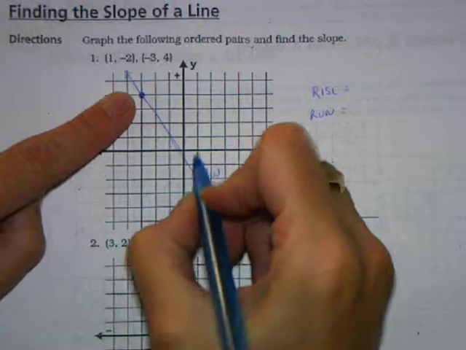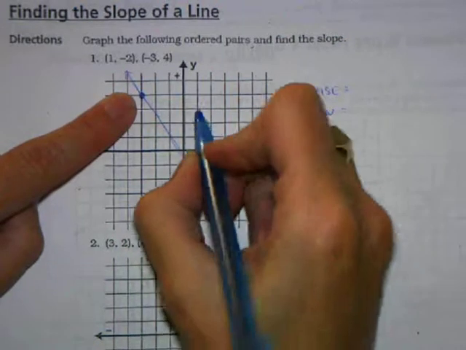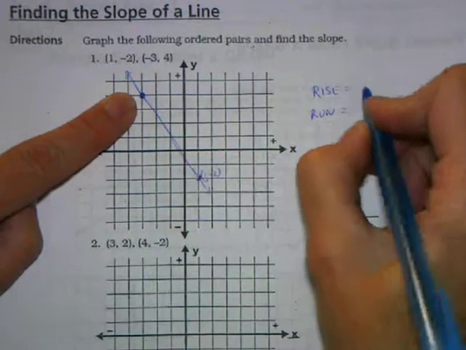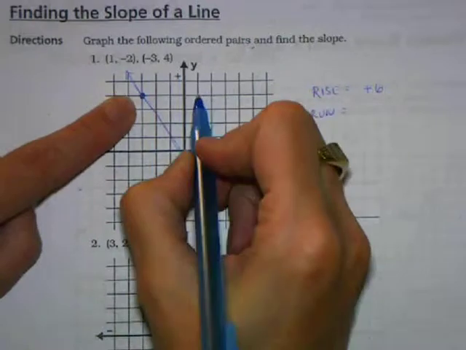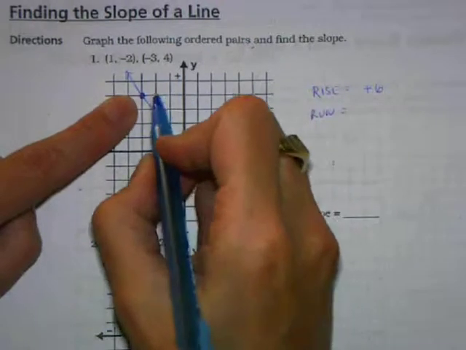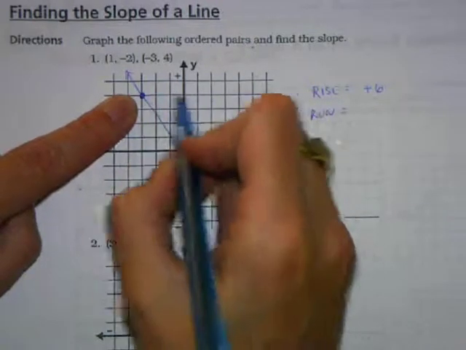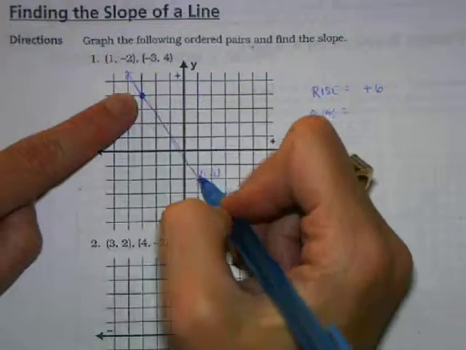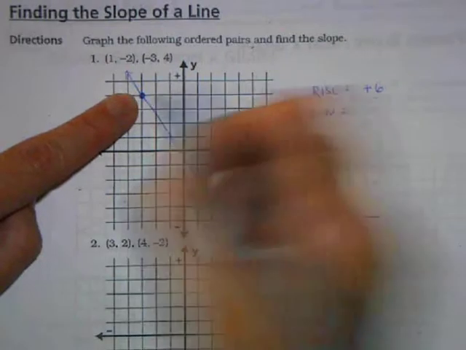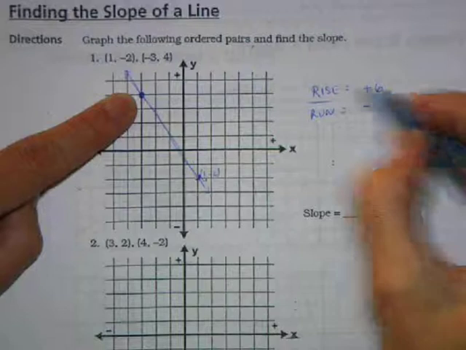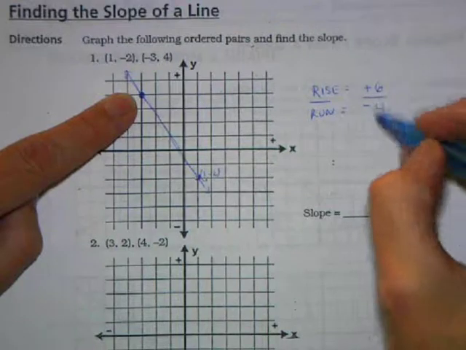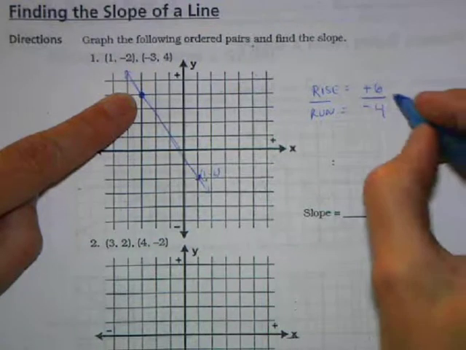I need to go up 1, 2, 3, 4, 5, 6. So my rise is going up 6. And then the run in this case is backwards. 1, 2, 3, 4. I'm going to the left or to the negative direction in the x-axis. So I'm going back 4. So my rise over run is positive 6 over negative 4.